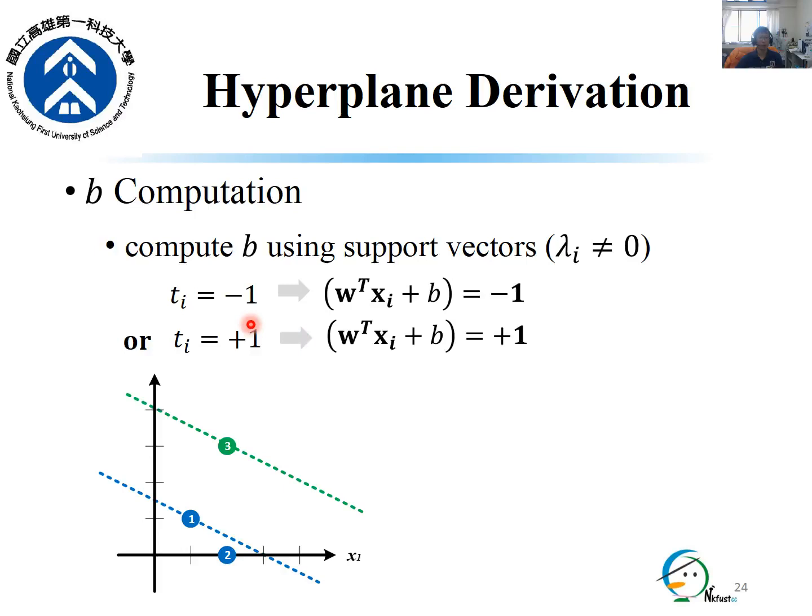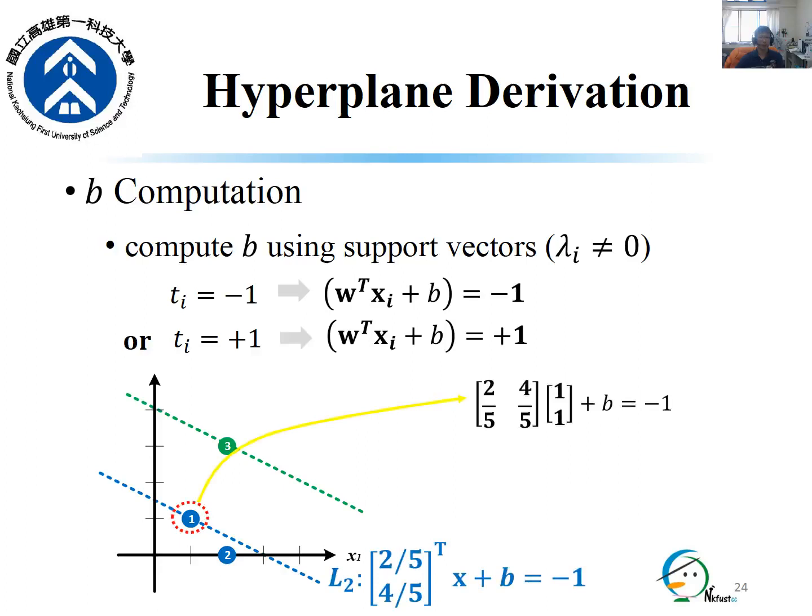For negative support vectors, it satisfies the equation W transpose xi plus b equal to minus 1. For positive support vector, this equation is equal to plus 1. By taking negative support vector 1, 1 as an example, we have the inner product of these two vectors plus b equal to minus 1.